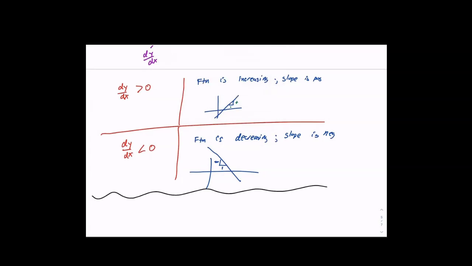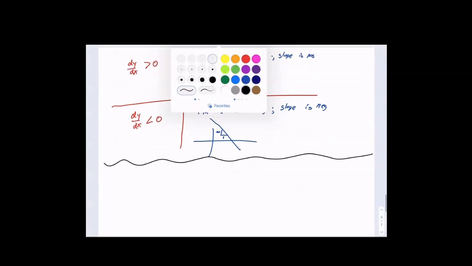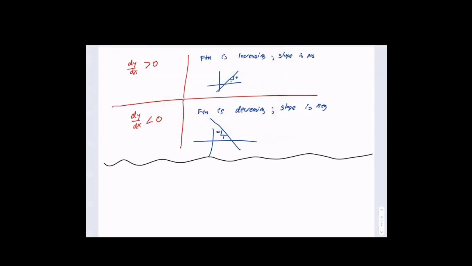Now for the ones that become a little bit more troubling, what some of you saw in your homework, but some of you were having some issues with because you hadn't seen it or practiced it. If dy dx equals 0, what does that mean? Is it like a horizontal line?